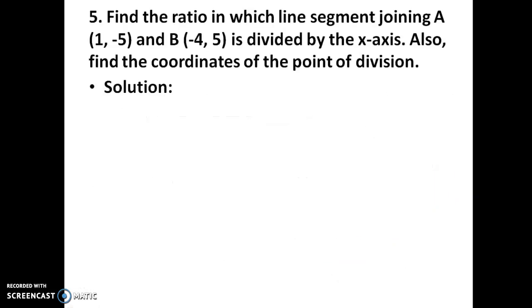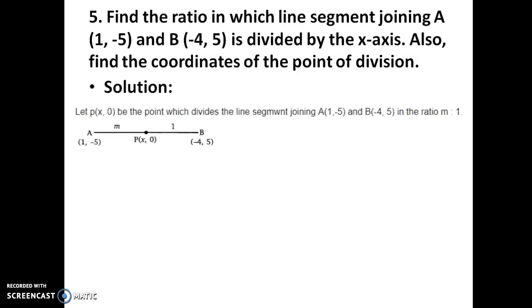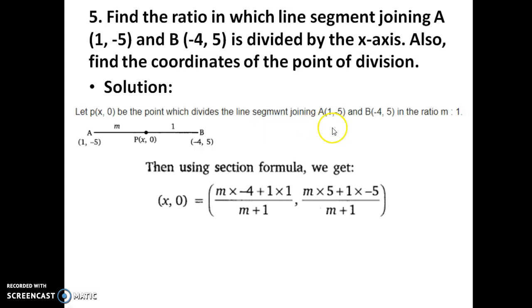Next problem. Find the ratio in which the line segment joining A and B is divided by the x-axis. Also, find the coordinates of the point of division. Okay, so this is the line segment AB. P is the point which divides the line segment joining AB in the ratio of m:1, or k:1.